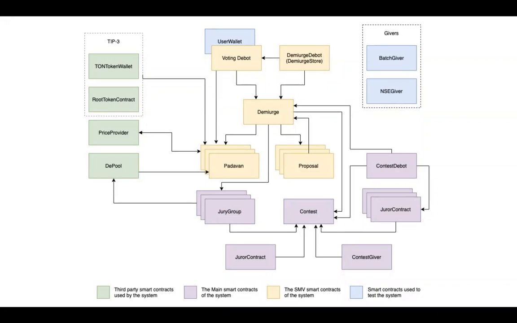Padawan is a smart contract, like a user ballot that allows the user to vote for proposals. Padawan accepts deposits of different types, tons, TIP-3 tokens, pool stakes, converts them to votes and sends votes to proposals. So a proposal is a smart contract that accumulates votes from Padawans, and it's deployed by Demo by user requests and notifies Demo back about its state.